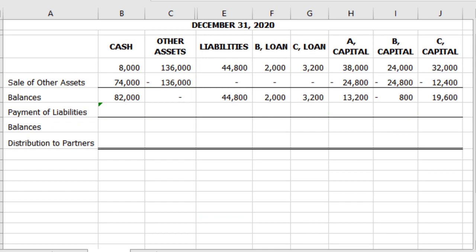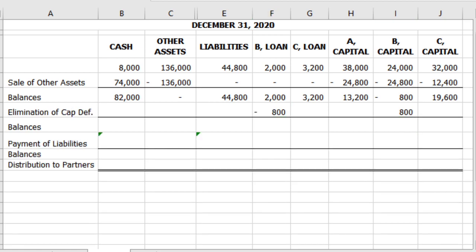So since dito sa problem is meron naman loan si B, so magagamit natin yung right of offset. So paano ang gagawin? I-eliminate natin itong negative 800. So kunin natin yung 800 doon sa kanyang loan na 2,000. So gagawin natin, bawas natin yung 800 dito.